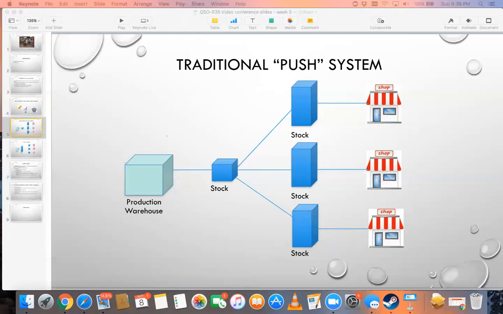If you're going to determine the size of your stock, and you've got all these stocks here, okay, what you would do is you would aggregate as many of your stocks as possible.